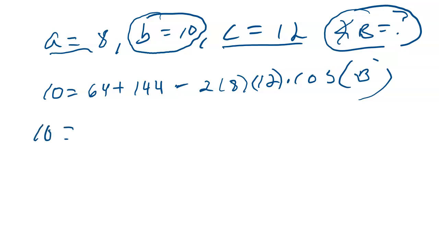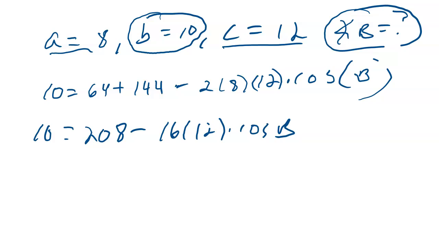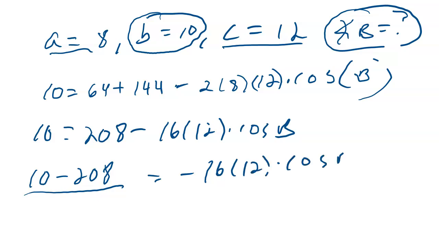Let's see, 10 is equal to 208 minus 16 times 12 times cosine B. I'm going to subtract the 208, so I get 10 minus 208 is equal to negative 16 times 12 times cosine B.